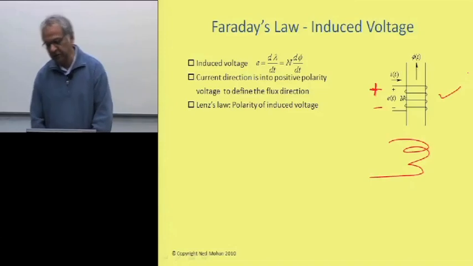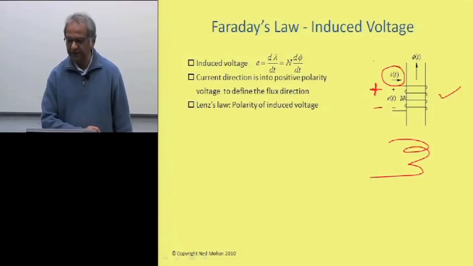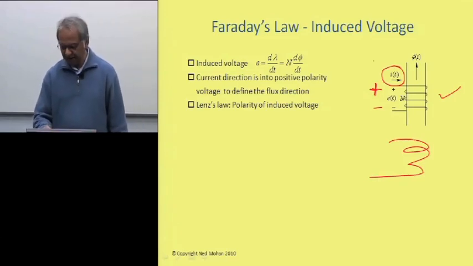So what we will do is, using the passive sign convention, we'll say that a current is going into the positive terminal with the direction shown over here. And if this coil is shown with how it's wound very clearly, then you can see that this current is going in here and coming out here, and the flux would be in this direction shown over here.